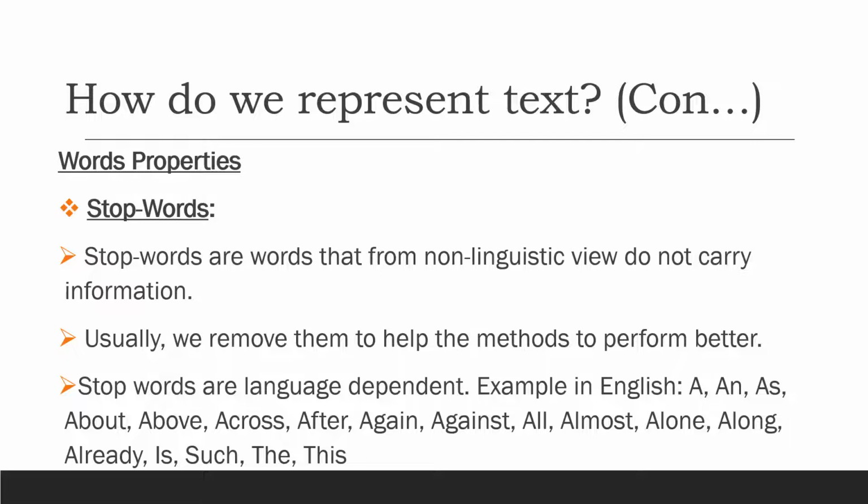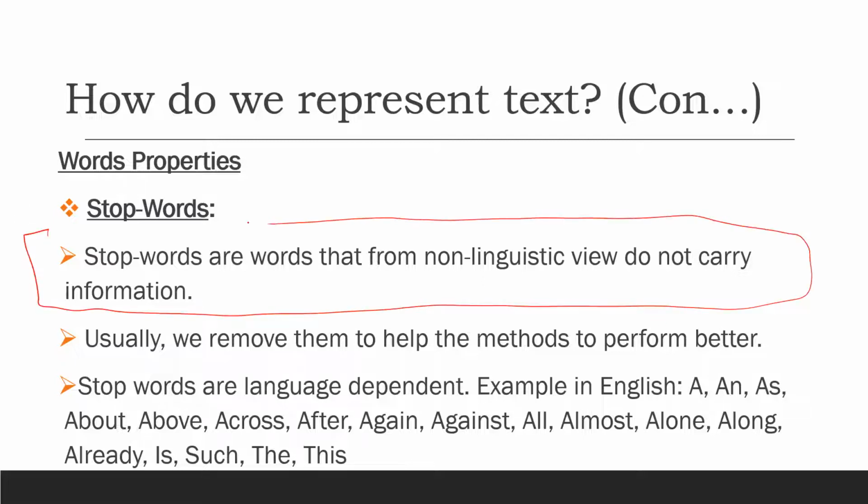Just think about this sentence. Even this sentence has some stop words. This word is meaningful, it tells something, but this "I" is not meaningful. Why am I using this? This is plural, so I am using "are".